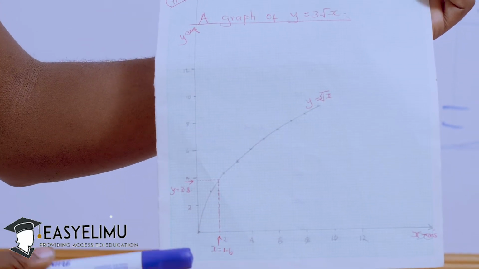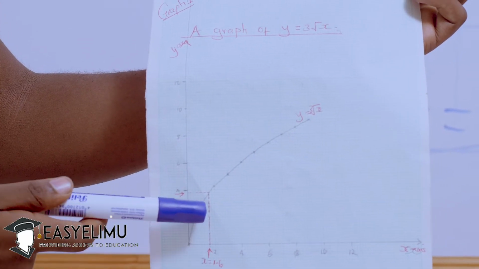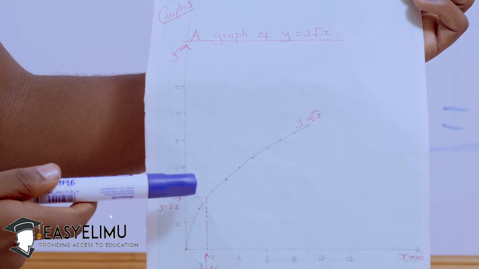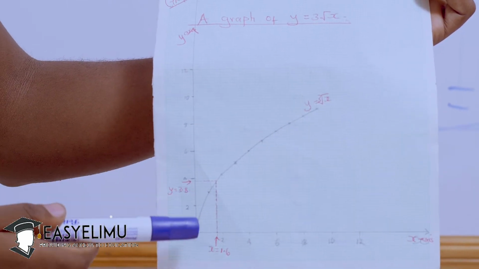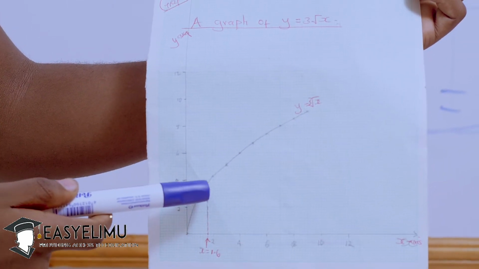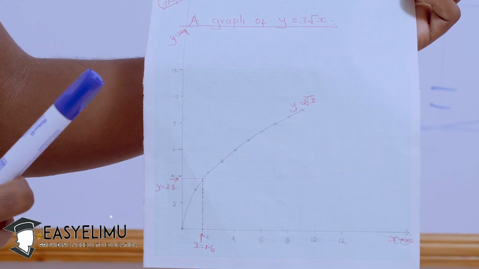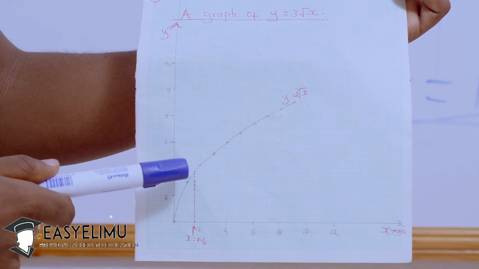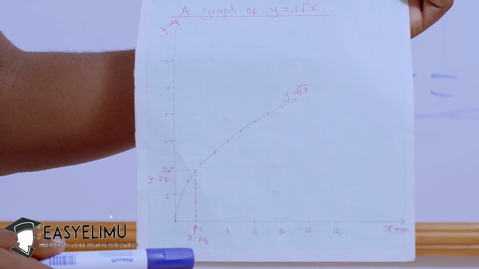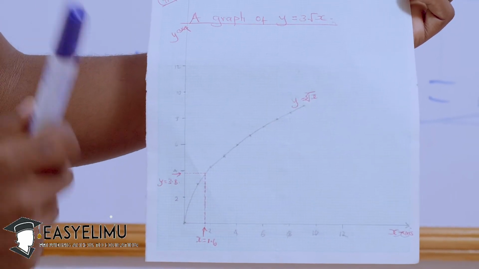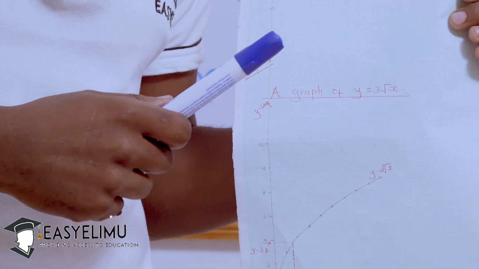From that point, you move up to the point where you intersect with the curve. After that, you move to the y-axis and see what value coincides with the point where you intersect with the curve. So that is how we do that, and on drawing the graph.